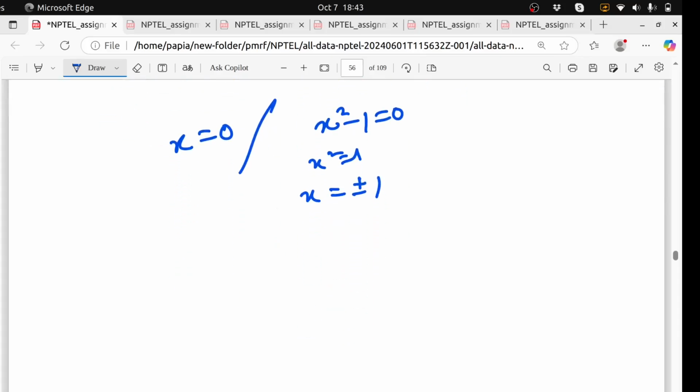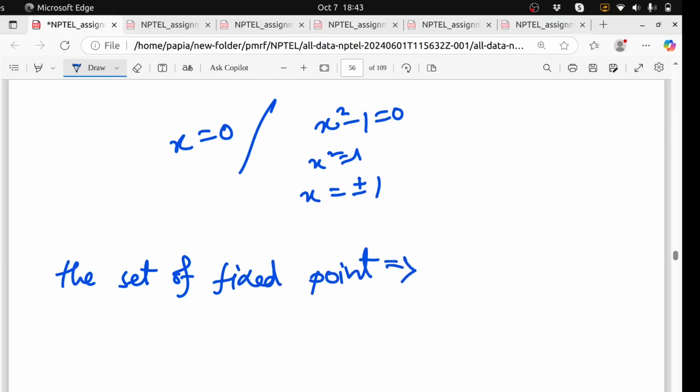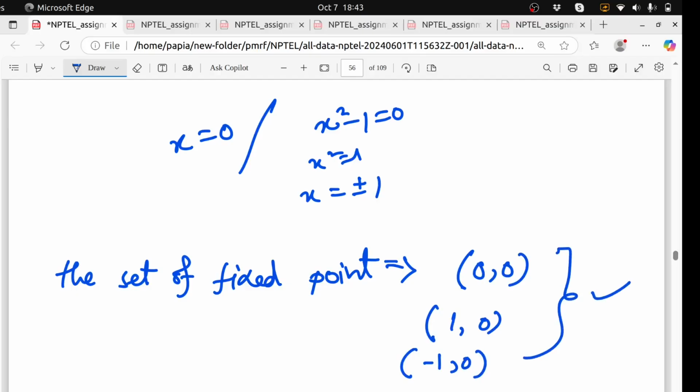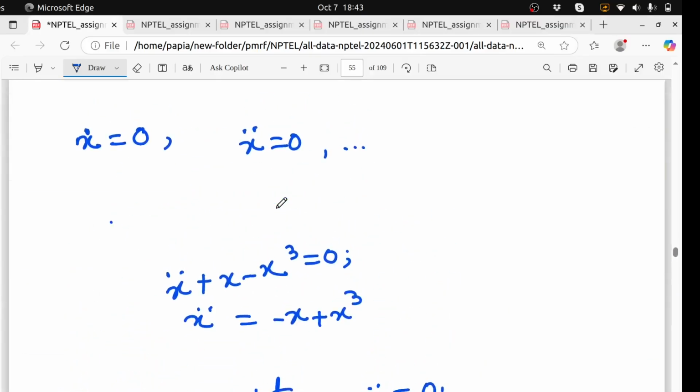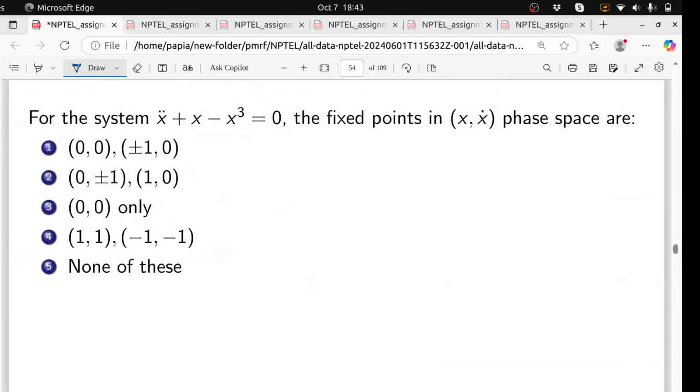Now coming to the options. Yeah, so the first option is correct: (0, 0), (plus 1, 0), (minus 1, 0). Okay.